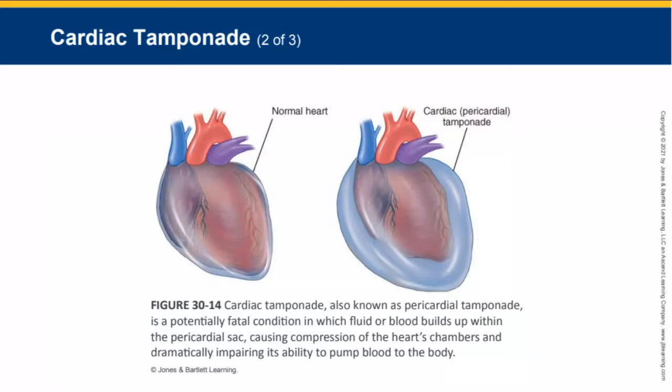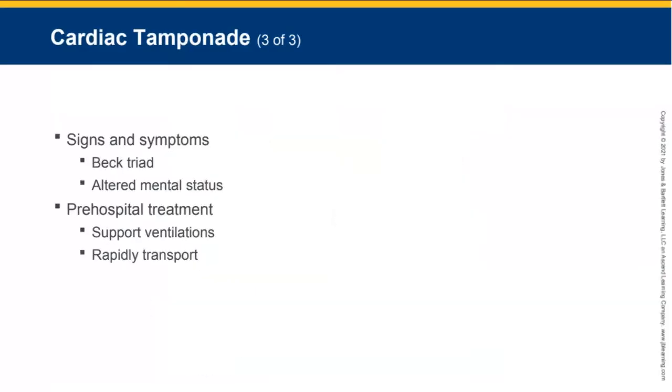Cardiac tamponade, also known as a pericardial tamponade, is a potentially fatal condition in which fluid or blood builds up within the pericardial sac, causing compression of the heart's chambers and dramatically impairing its ability to pump blood to the body. It is obstructive shock. Signs include the Beck triad, and Beck triad is distended neck veins, muffled heart sounds, low blood pressure.